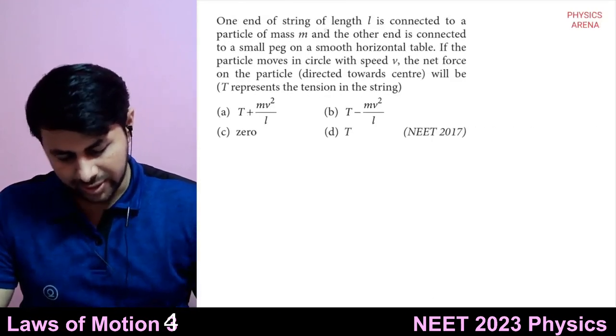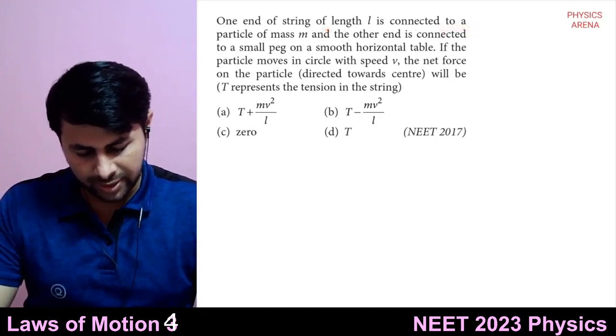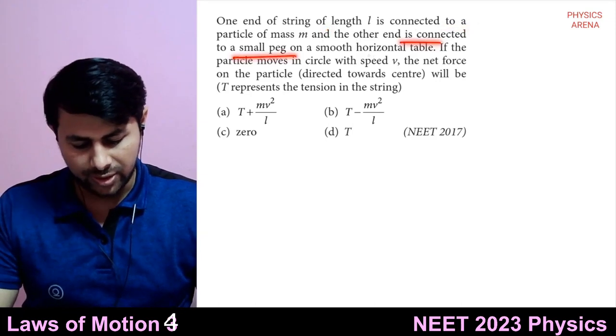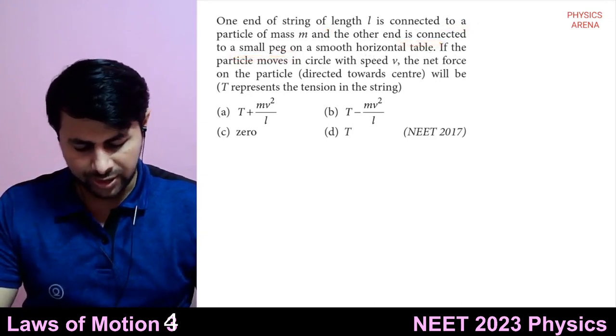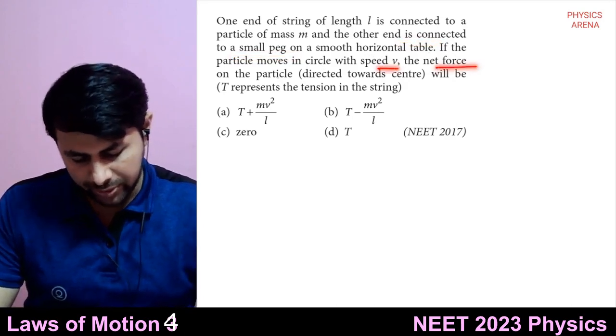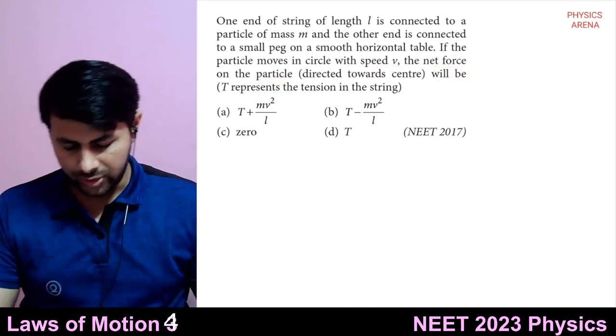Next question. One end of a string of length L is connected to a particle of mass m and the other end is connected to a small peg on a smooth horizontal table. If the particle moves in a circle with speed v, the net force on the particle will be. So you got the question.